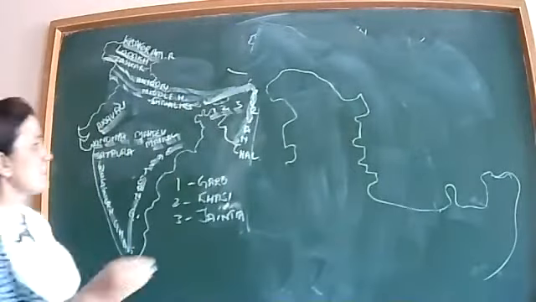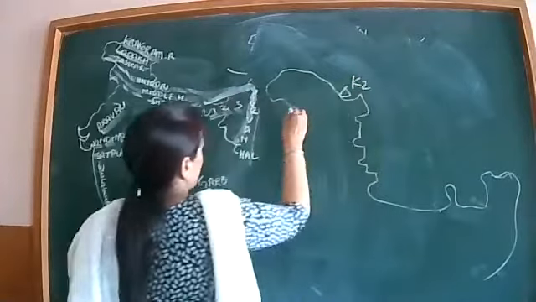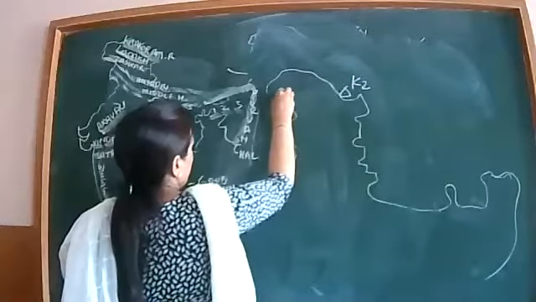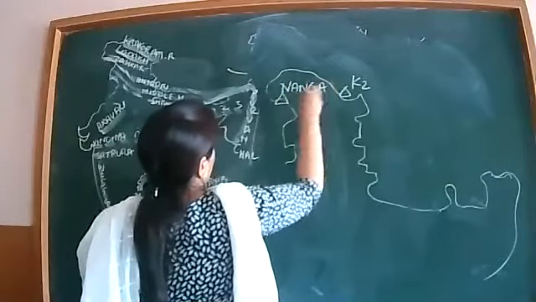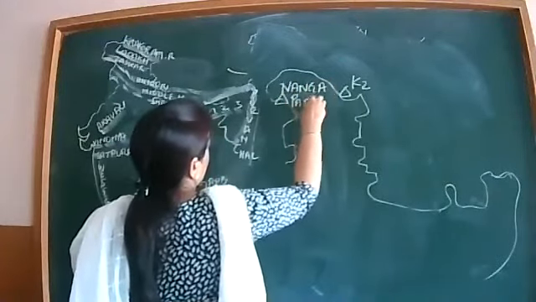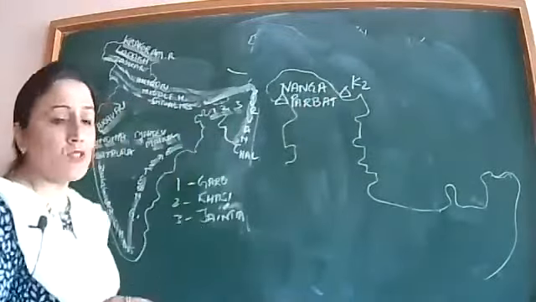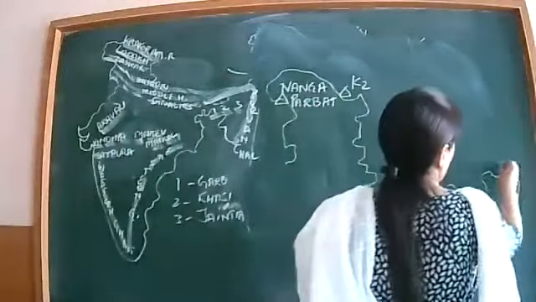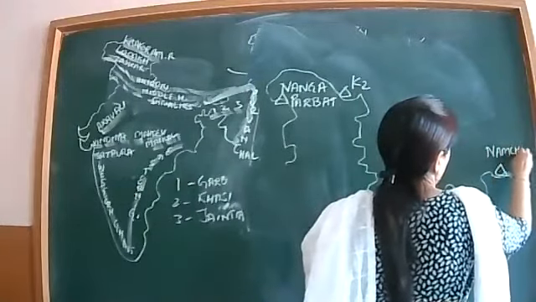So here in the Karakoram range, we have K2. In the northwestern part of India, Nanga Parbat. The extreme northeastern peak is Namcha Barwa.